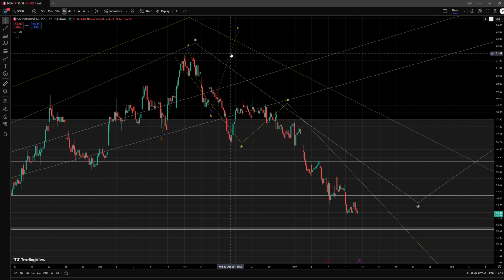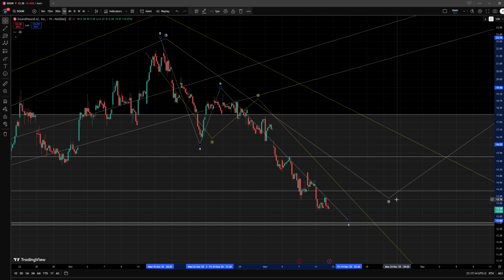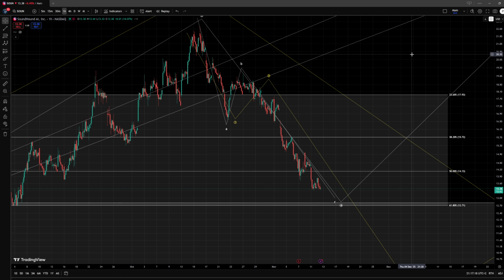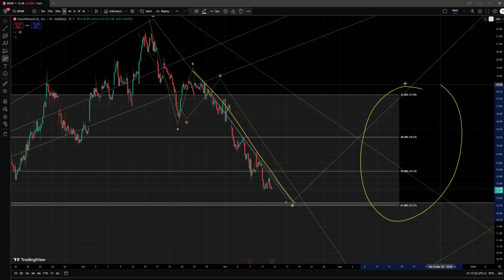Of course, we can now remove this interpretation, and now we can track a possible ABC pattern within this internal wave 4, and we are looking to form this wave C and find the bottom within this area.